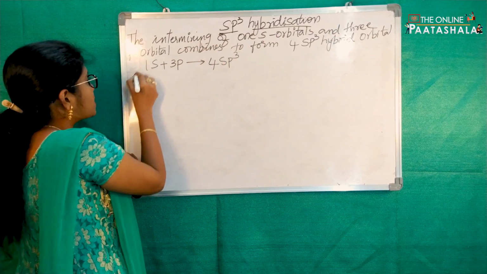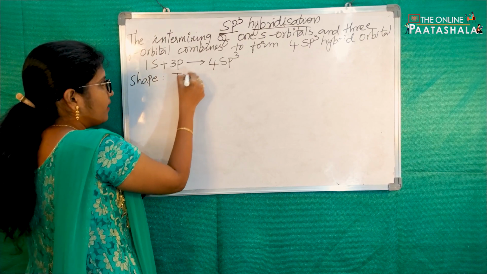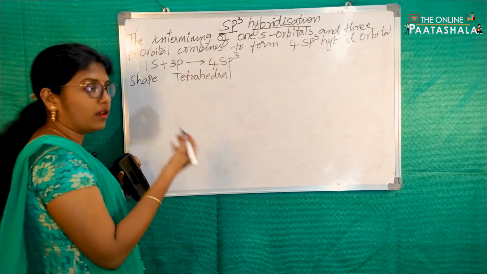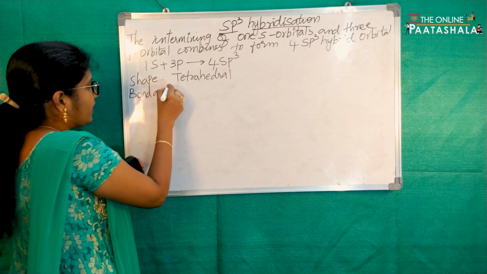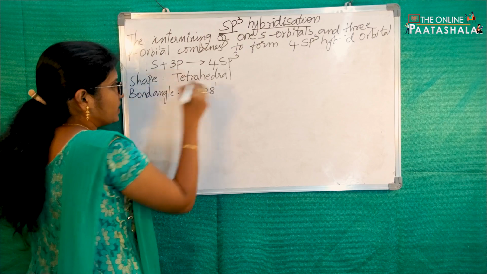Okay. Now what is the shape of this sp3 hybridization? Tetrahedral. What is the bond angle? Bond angle is 109 degrees 28 minutes.